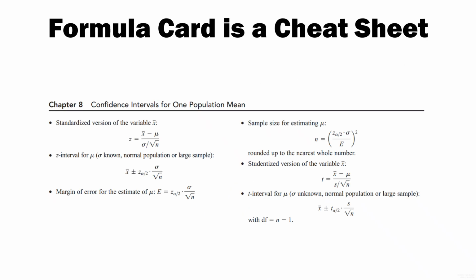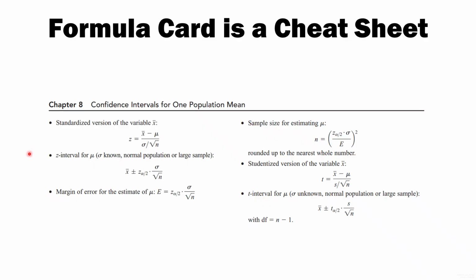I want to bring your guys' attention to your formula card. And when I said notes package earlier, I did mean the notes package showing your formula card and all of your tables in it. Now, when you look at your formula card, just know it is almost like a little cheat sheet for you. So you can see that they give you all of the information and the assumptions that you need to run the test.